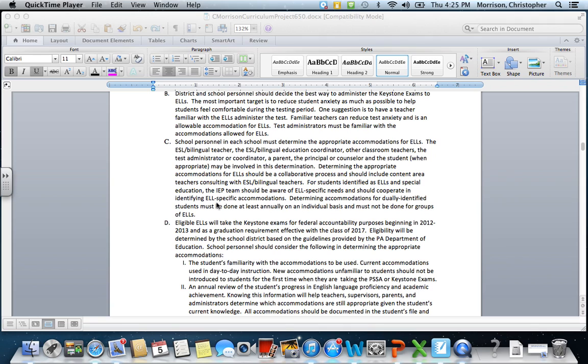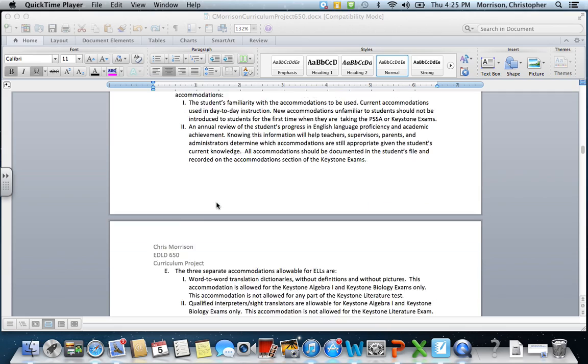My school district, Shikellamy School District, has an increasing Hispanic population and an increasing number of ELL students. So as a principal in this school, I would need to understand what these students, whose first language is not English, are allowed to have, and this helps explain the accommodations that these students should be provided.